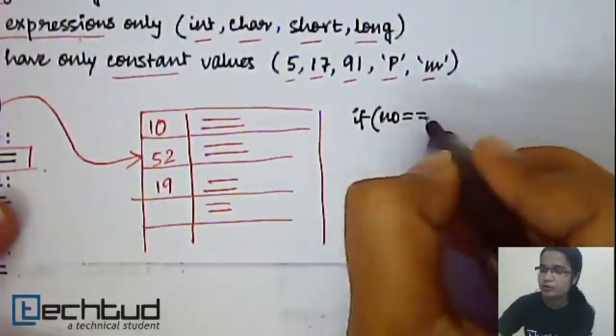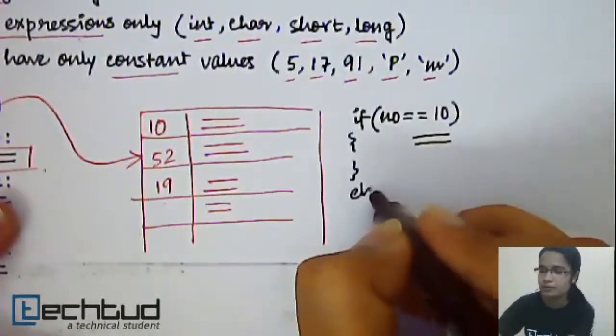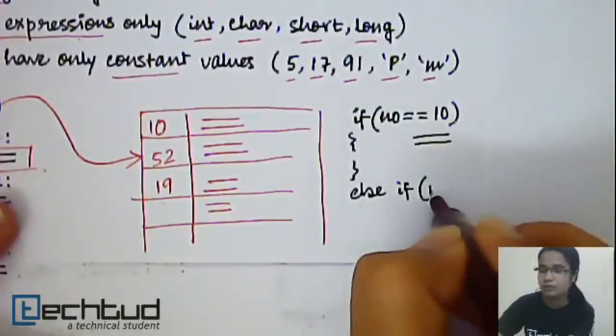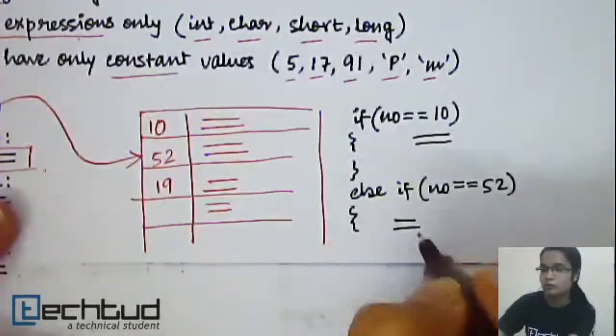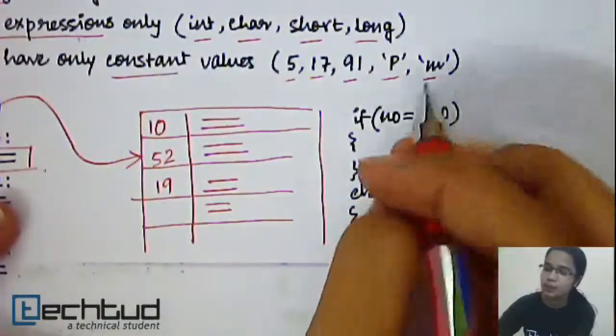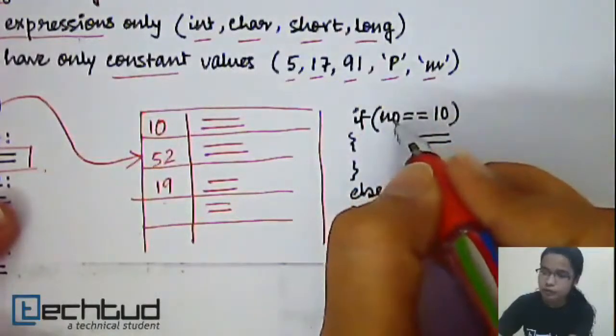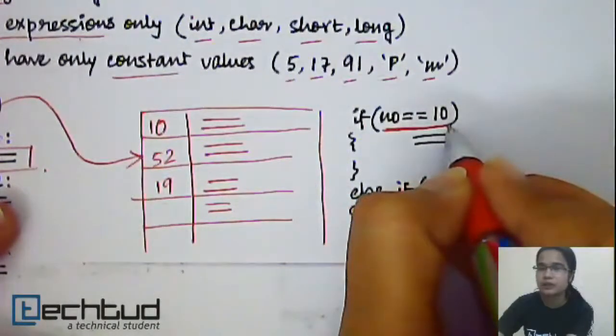If number equal to 10, then do something. Else if number equal to 52, then do something, and like that, right? In this case the value of number is first checked with this condition, whether it is satisfied or not.